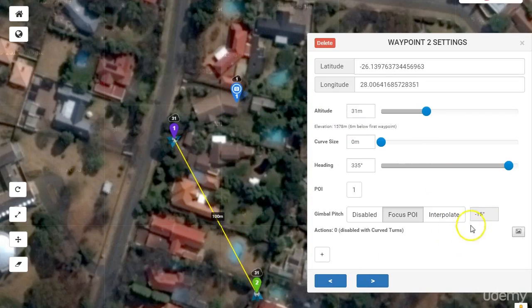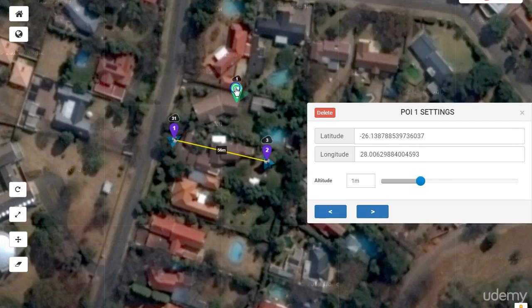Conversely, the further away we go, the angle gets shallower. And also by altitude. If we raise the altitude of the waypoint, the angle gets steeper. You're going high up, so you're looking down more. And if you bring it right down, the angle gets very shallow. So those are the factors that affect focus POI.